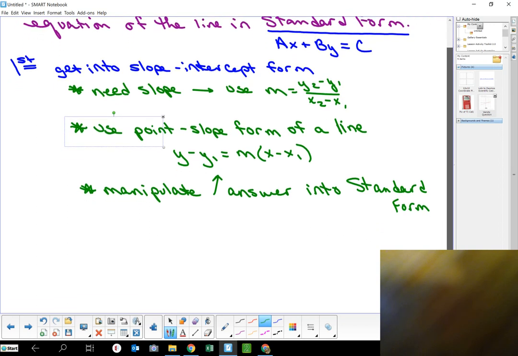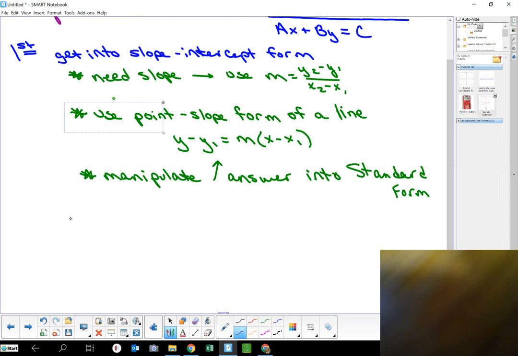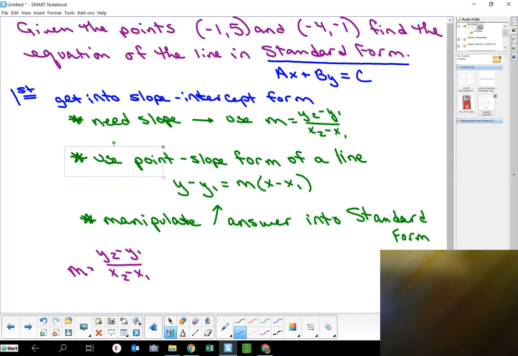Okay, so let's do this. If we want to find our slope first, we're going to go m equals y2 minus y1 over x2 minus x1. Come on back up here. And you guys have had so much practice with this now. This would be x1 and y1, x2 and y2. So we're going to have -1 minus 5 over -4 plus 1.